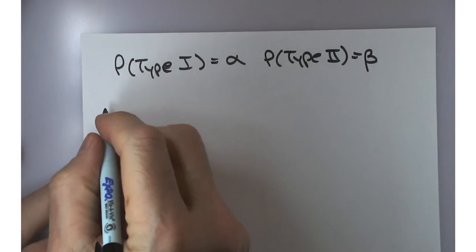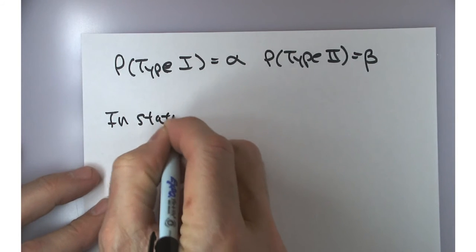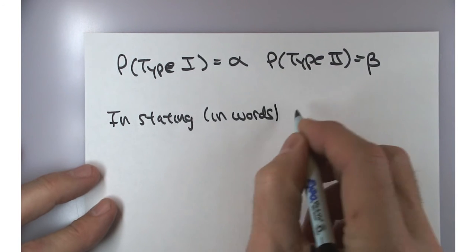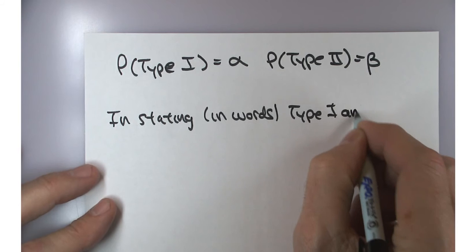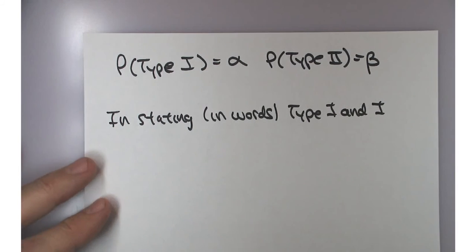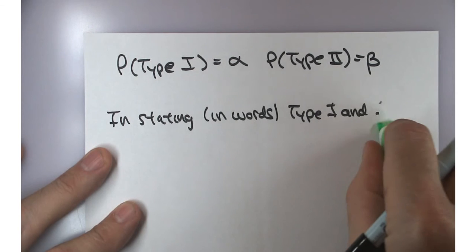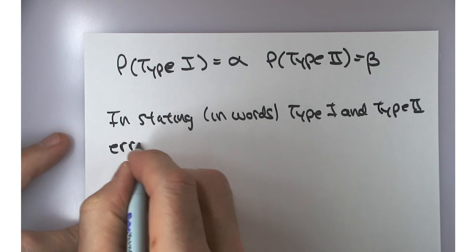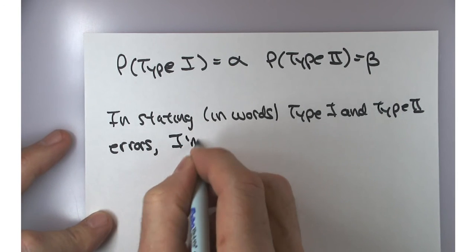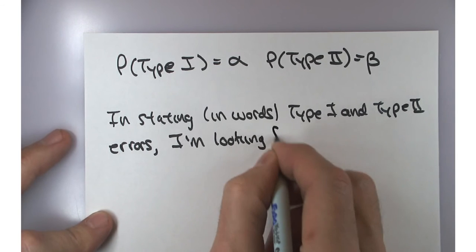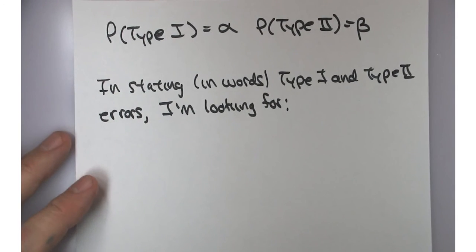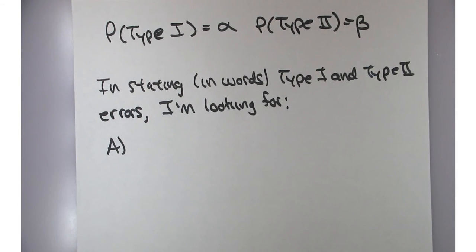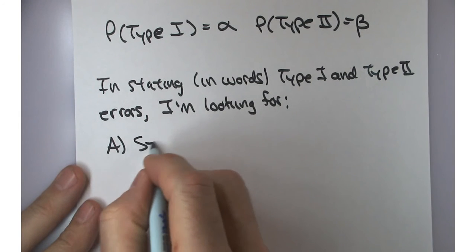So, in stating type 1 and type 2 errors in words, I'm looking for two things. First of all, state the condition of H naught. Is it true or is it false?